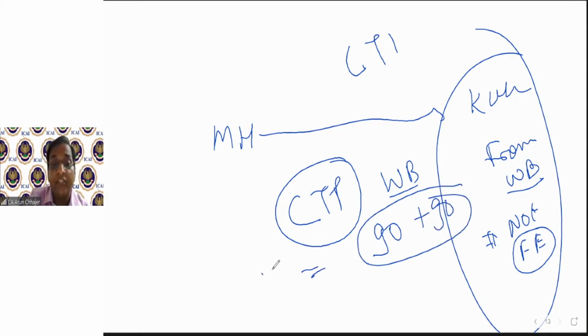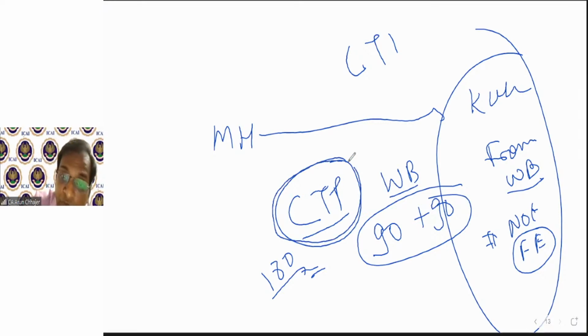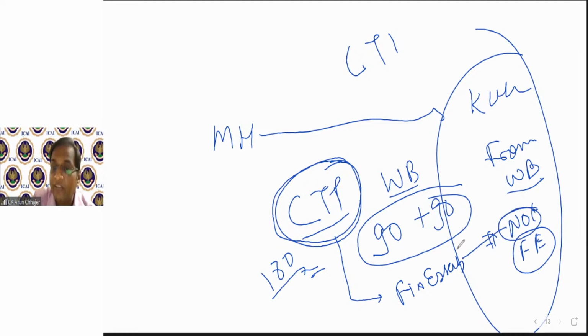So maximum period is 180 days. Let's say I like to take registration only for 10 days. Possible. You can take registration only for 10 days also, 5 days also. Your choice. The benefit of the casual taxable person, you are not required to have any fixed establishment. And it is valid for limited period.